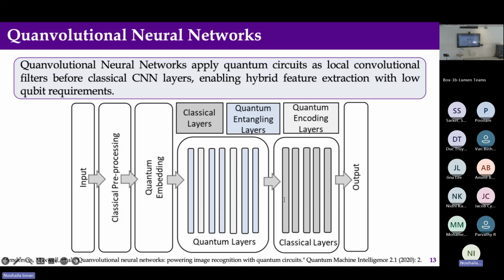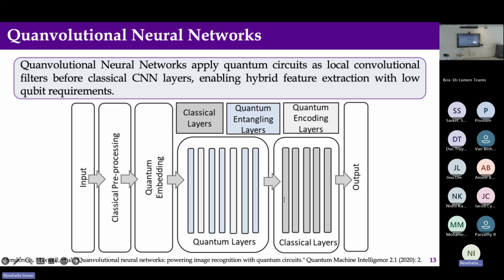That's why we call them convolutional. And they introduce preliminary layers before the classical CNN to manipulate the input. It's kind of pre-processing, or more like feature embedding.